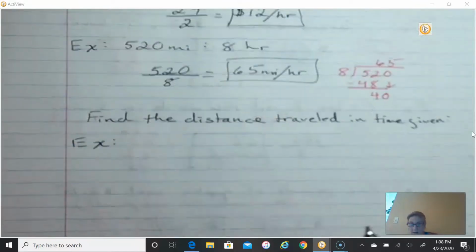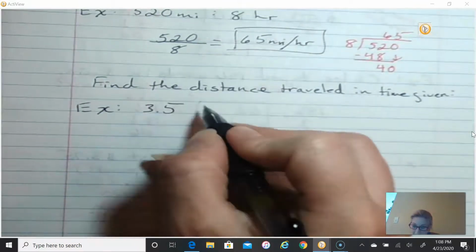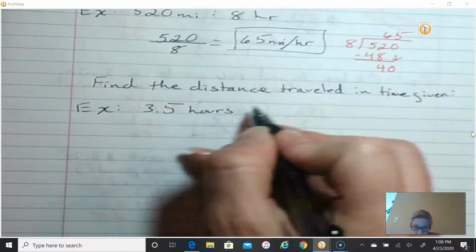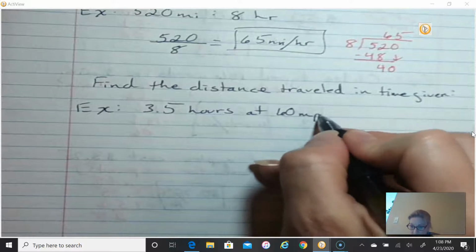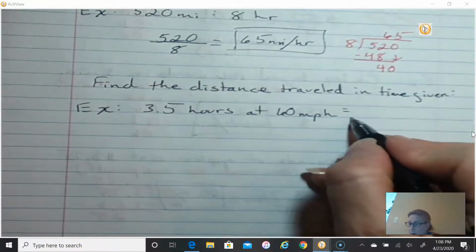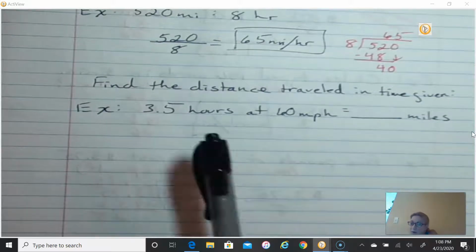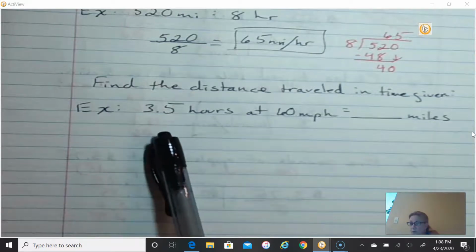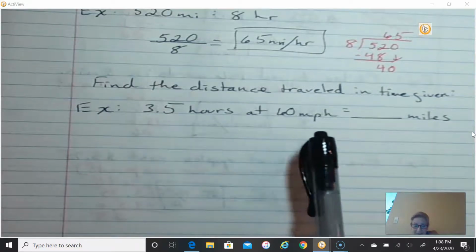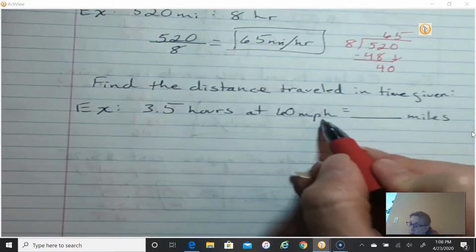All right. So let's say I have 3.5 hours at 60 miles per hour. And they want to know how many miles. Okay, well, if we're going 3.5 hours at 60 miles per hour, notice that's per hour.